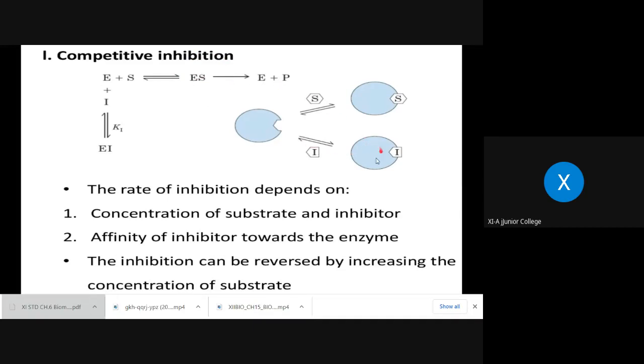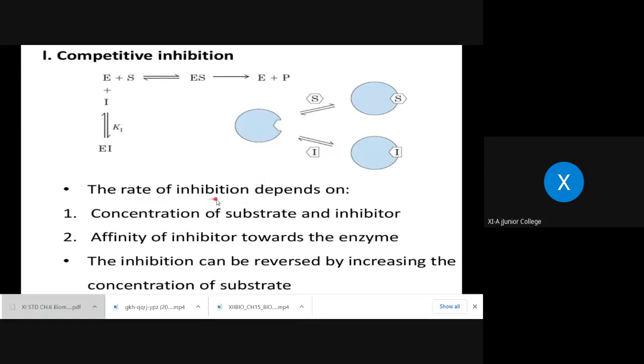But if the concentration of inhibitor is increased, then rather than the substrate, the inhibitor will first fit into the active site of the enzyme, and then it will inhibit the activity of the enzyme itself. So the inhibition can be reversed by increasing the concentration of the substrate, that you can remember. If you increase the concentration of the substrate, the inhibitor cannot come in contact with the enzyme, and this is the competition because of the similar shape of the substrate and the inhibitor, and the enzyme activity is inhibited.